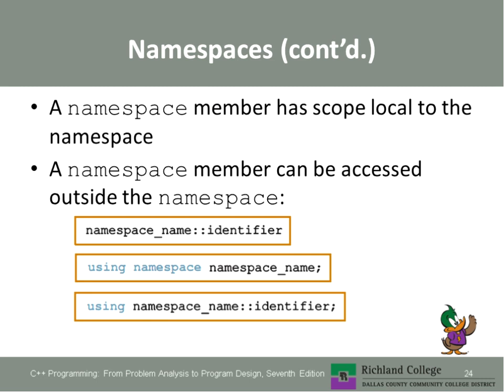It makes our life much easier. So the namespace member has scope local to the namespace, and because the scope is local, it's not going to conflict with anything outside of that scope. That just means if you are in the room, if somebody calls your name, it doesn't matter if somebody with the same name is sitting in another room, you will know that whoever called your name, they called you, because you only hear that call inside that room.